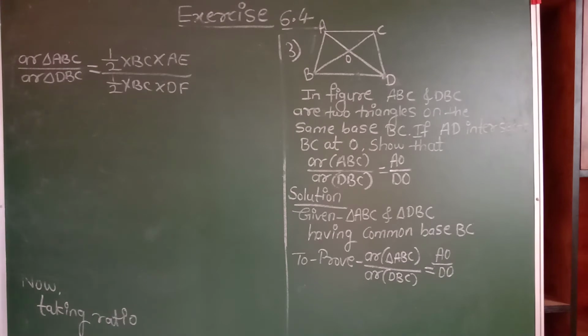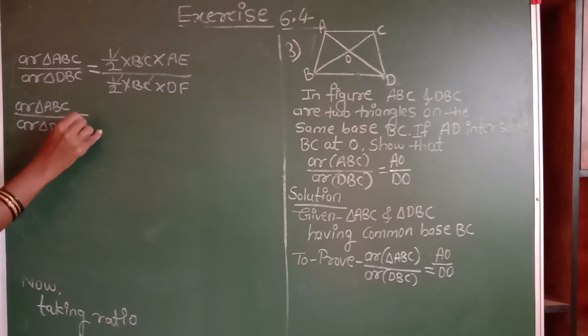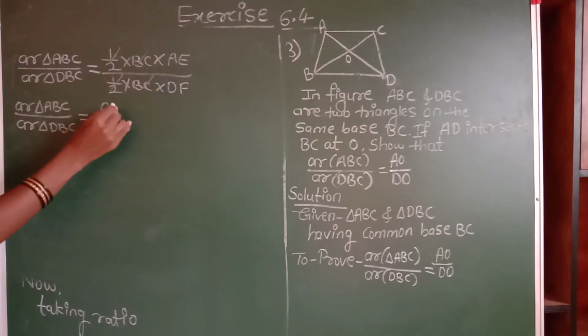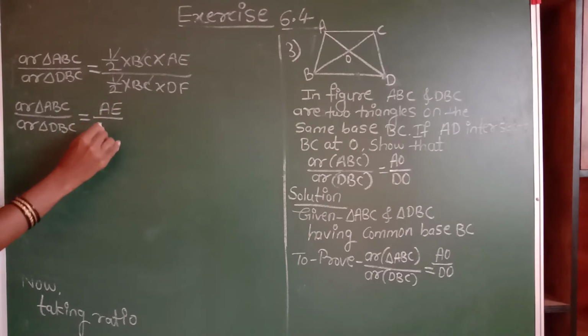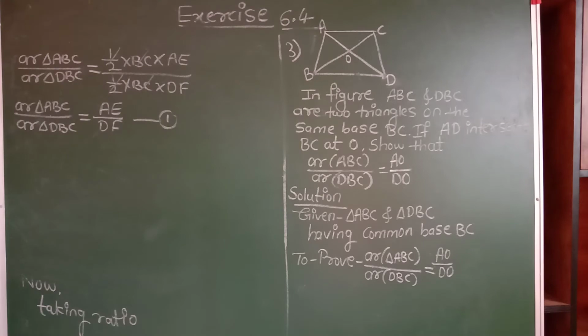The 1 by 2 and BC get cancelled. Now we can write area of triangle ABC divided by area of triangle DBC is equal to AE by DF. This is equation 1.